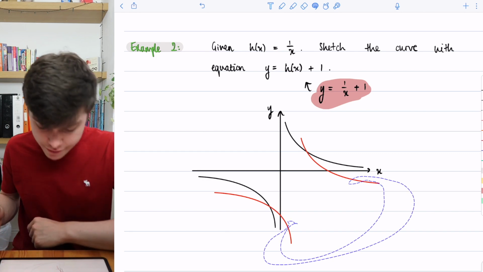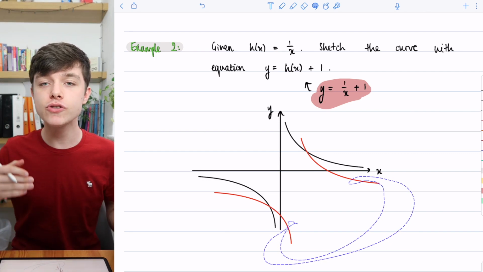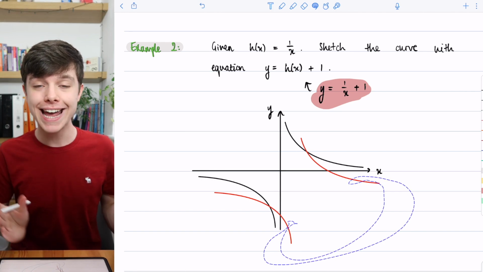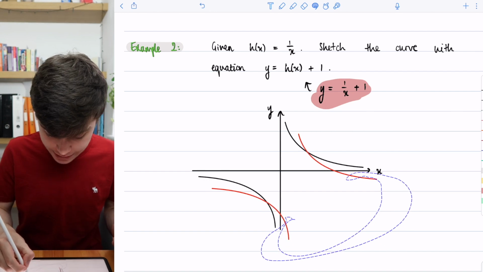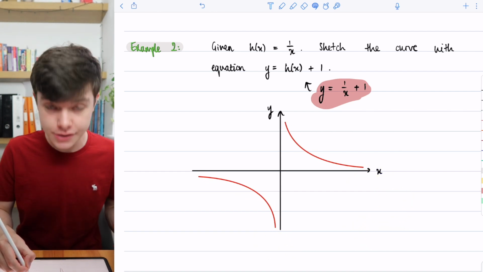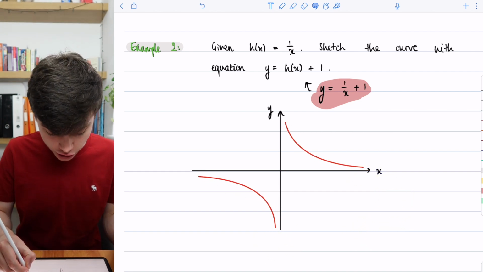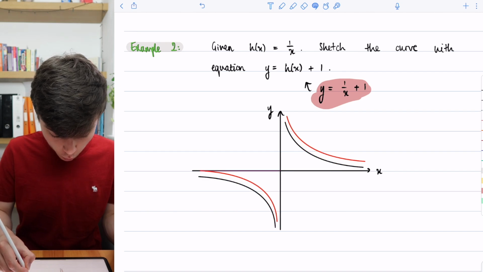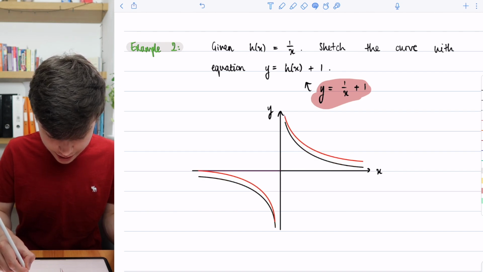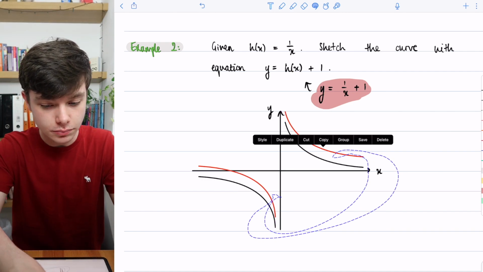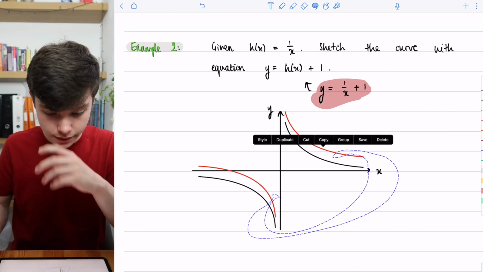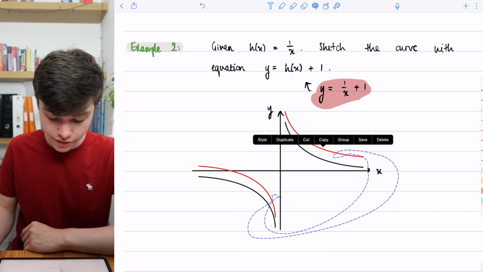Okay, so we'll take the graph, and because we've got a +1, it's going to go up by 1 in the y direction. So we'll start at 1 over x, and we're just going to move it up 1. Starting here, moving it up 1 like that. That's what it's going to look like. We're just moving it up by 1.